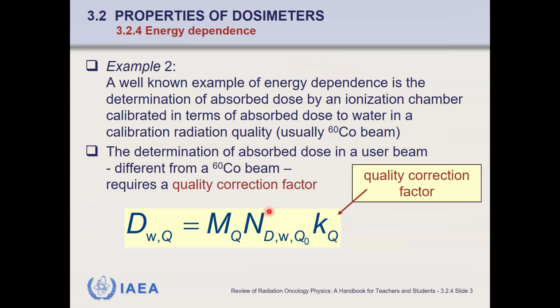And when dealing with a different quality of radiation, the correction factor is applied to ensure accurate measurements. So this correction factor addresses the energy dependence of the ionization chamber, allowing for more precise and reliable determinations of absorbed dose in various radiation qualities.